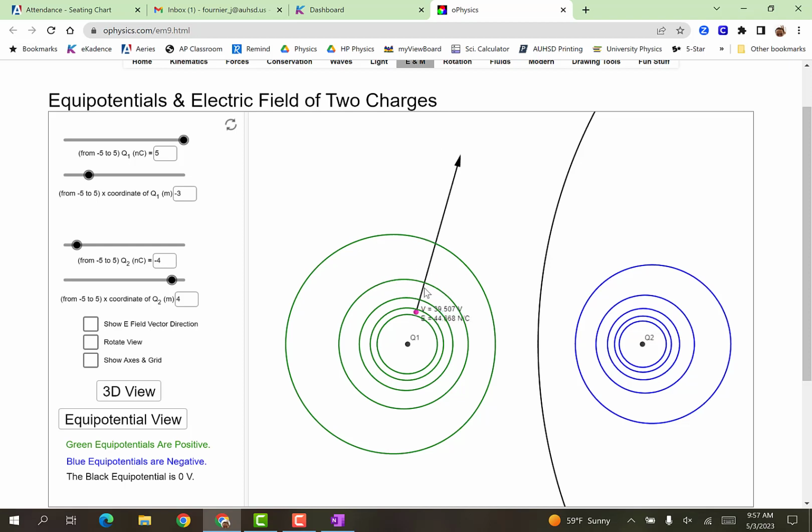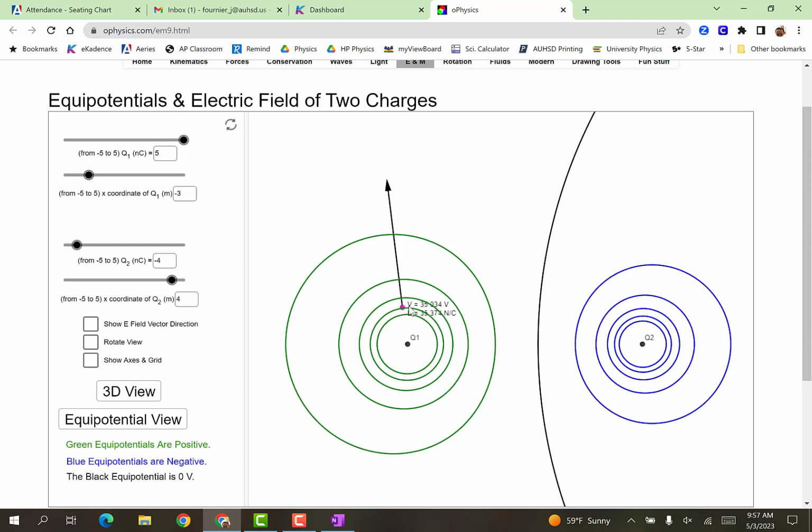But you can see the potentials here, I think, are all equal changes. So it looks like here's about 20 volts, here is 30 volts, here is 35 volts, that's about 45 volts, so maybe it's more like 15 or something like that.